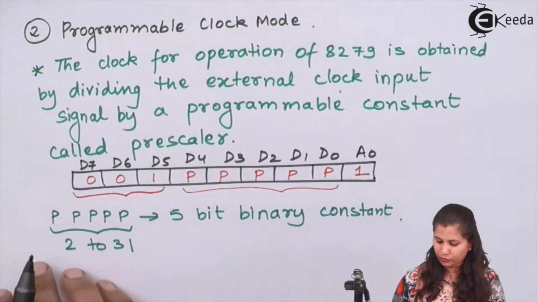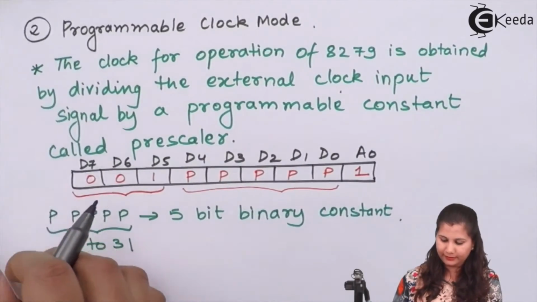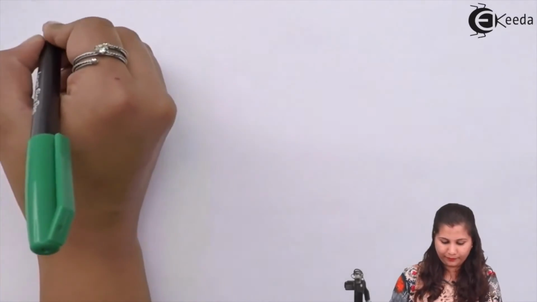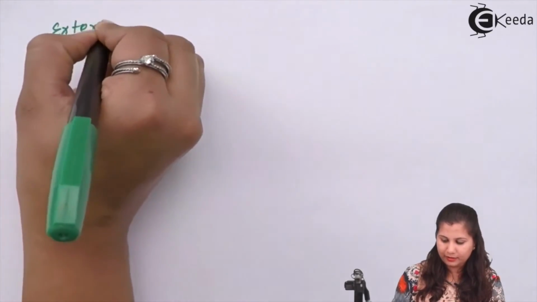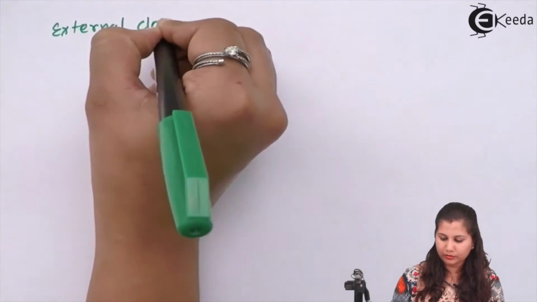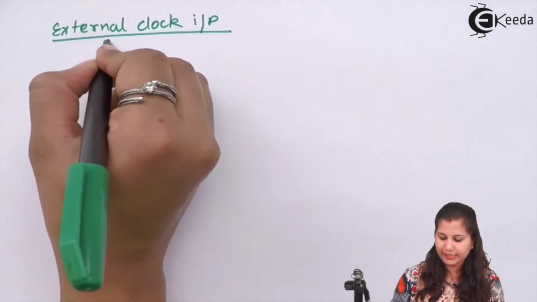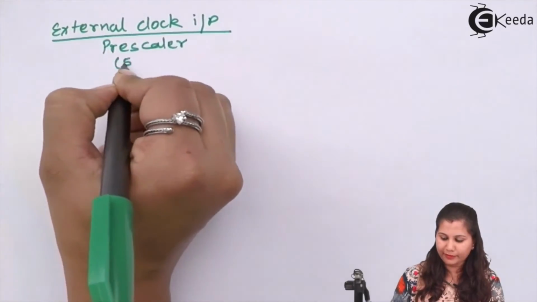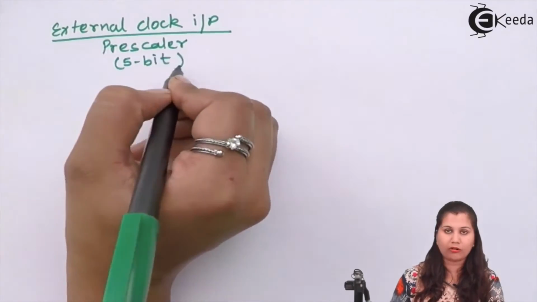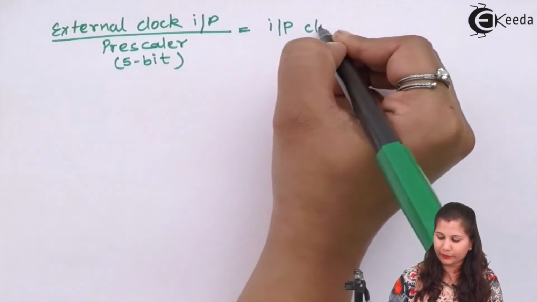So the external clock input is divided by the prescaler, which is the 5-bit binary constant, so as to obtain the input clock frequency.